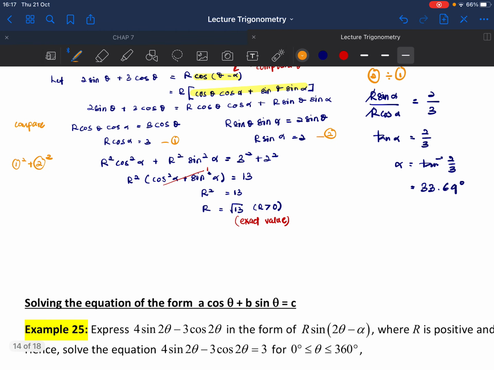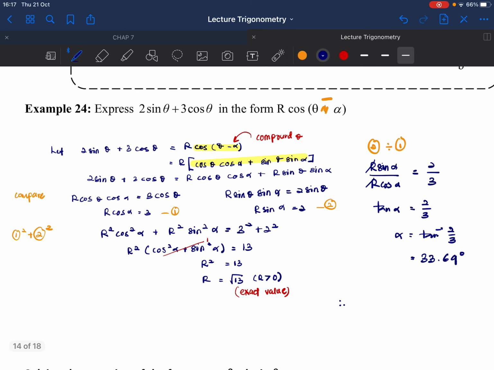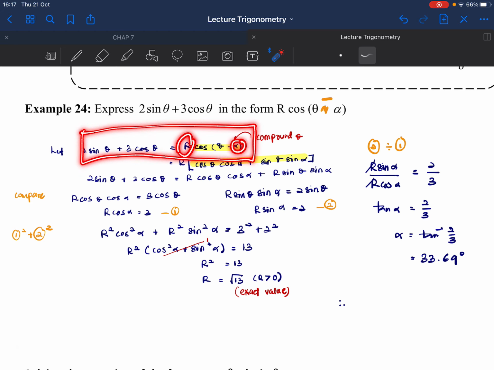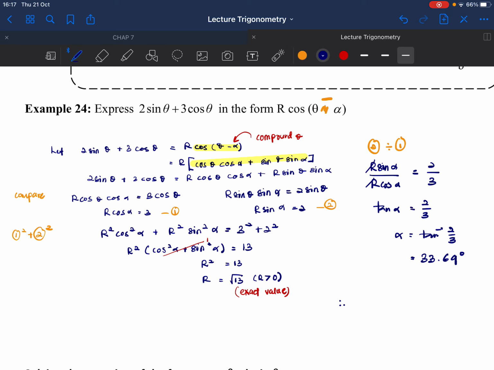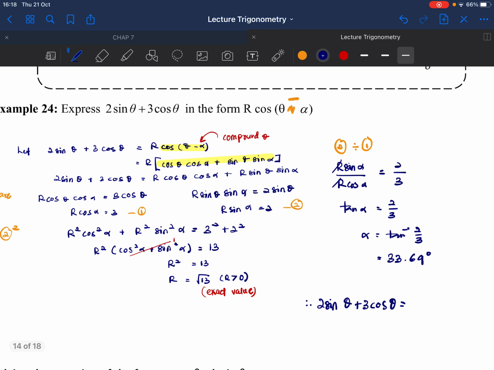Okay, so now we have our r, we have our alpha. The final answer mesti kena tulis lah. Okay, final answer basically ini. Okay, yang mana kita akan tulis r dan juga alpha kita. So we will have 2 sin theta plus 3 cos theta equals to r kita ialah square root 13.